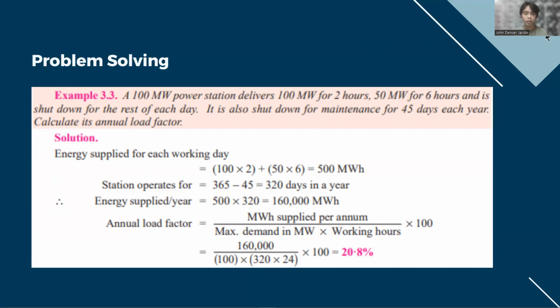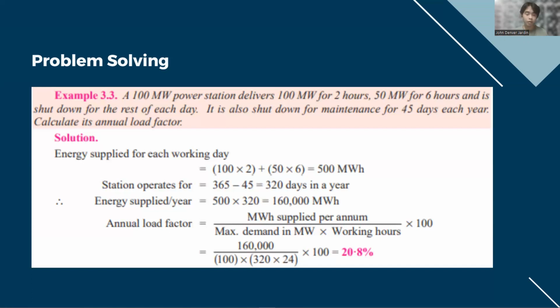And for the days of operation, we have one year equals 365 days. The station operates 320 days a year. 500 times 320 equals 160,000 megawatt hours.